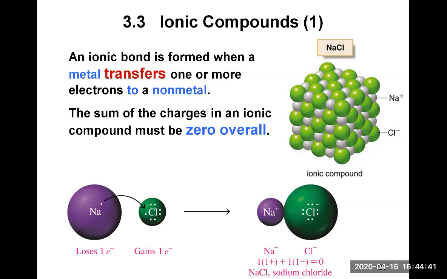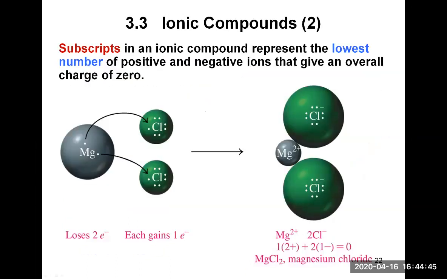Let's look at another example of an ionic compound. Let's have magnesium, Mg, and chlorine together now. So magnesium is an alkaline earth metal from group 2A, so it has 2 valence electrons.